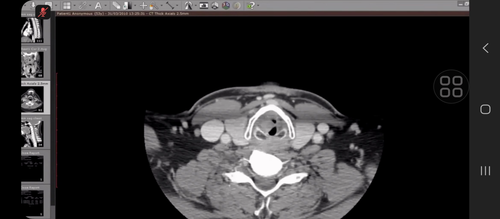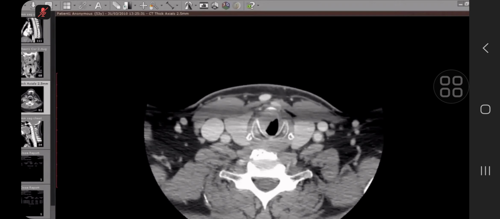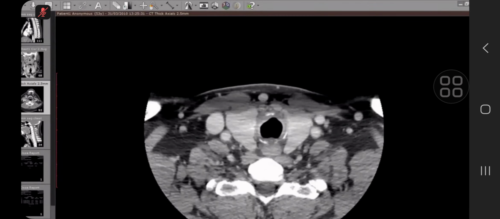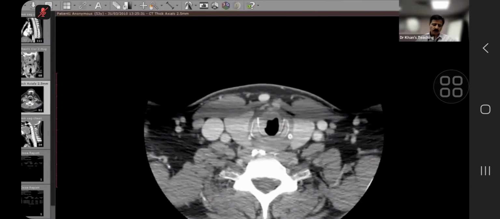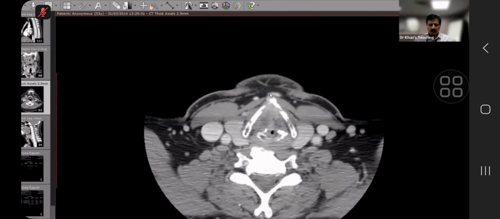Continue. Yes. Okay. Now, yes, it is involving because I can see that it is causing airway narrowing on the right side. And so in conclusion, it is again a transglottic mass which is involving the glottis extending supra and infraglottically. Okay, very good.